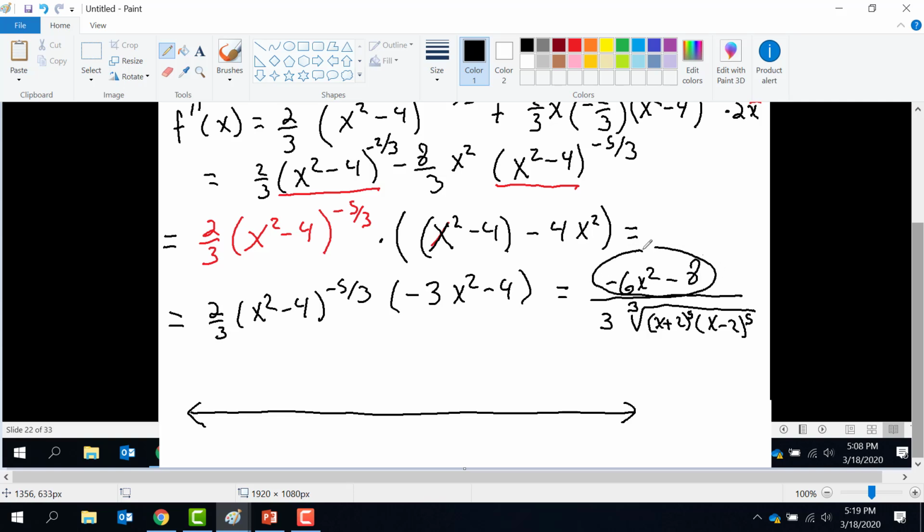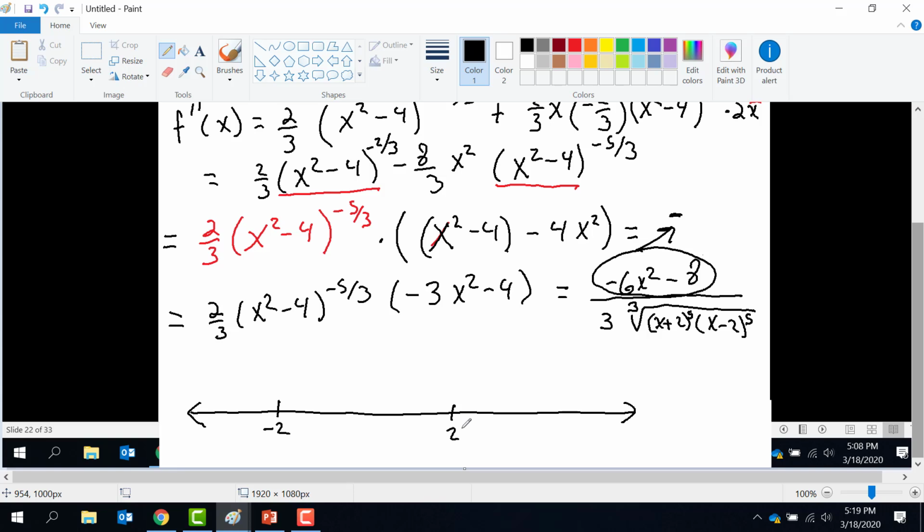So the top here is always negative. It never changes. In the denominator, because we have odd powers, those will change. So over here at negative 2 and positive 2 are where my numbers that make the second derivative undefined. There's no place where that makes the second derivative 0.